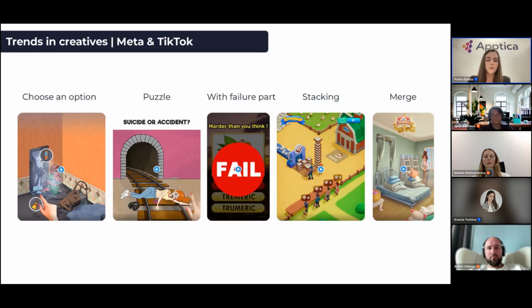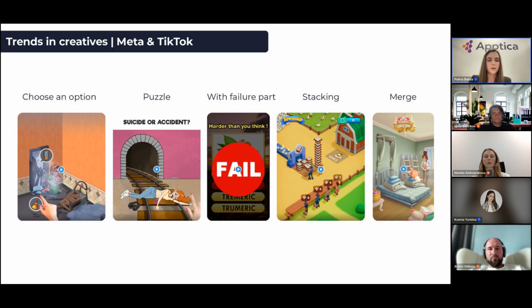And now, as I'm finalizing my speech, I want to say a few words about trends in creatives. And in this slide, you can see the most common mechanics and techniques that were caught in creatives during this period for Meta and TikTok.